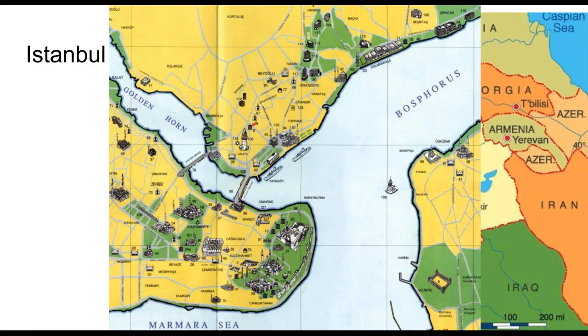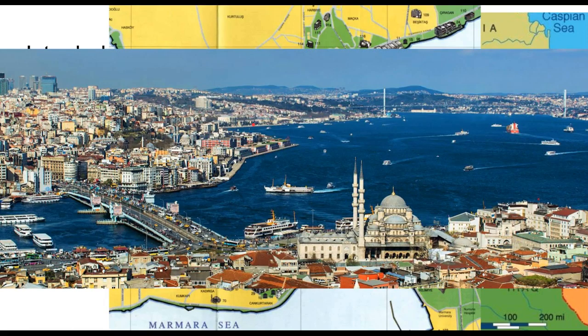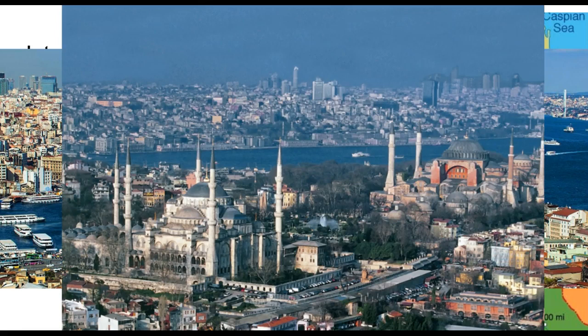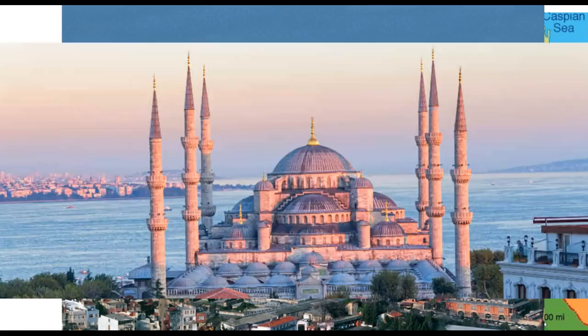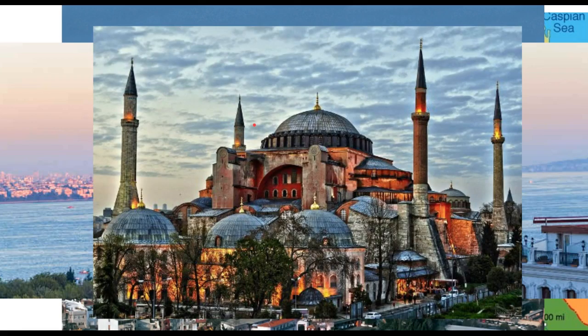Most Europeans wanted to make their way through Constantinople, or through Istanbul at the time. So here's what it looks like in modern day. Because it was Christian for a long period of time and then turned Muslim, you're going to see examples of both Christian churches and Muslim mosques. The most significant of these is the Hagia Sophia, which is one of the largest mosques in the entire world, located in Istanbul.